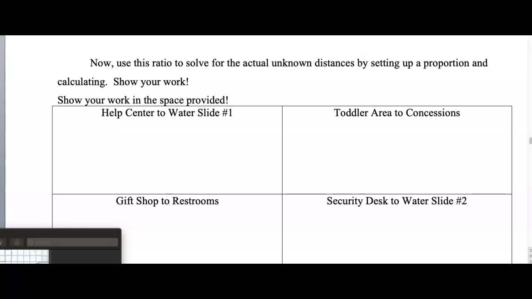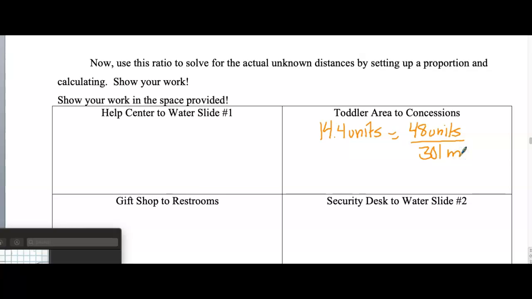Now you're just going to take those distances that you calculated in task 5 and apply them to the proportion here. When I calculated task 5, the distance from the toddler area to concessions, I calculated it to be 14 and 4/10 units. And I'm going to set that equal to my ratio up above, which is 48 units over the 301 meters.